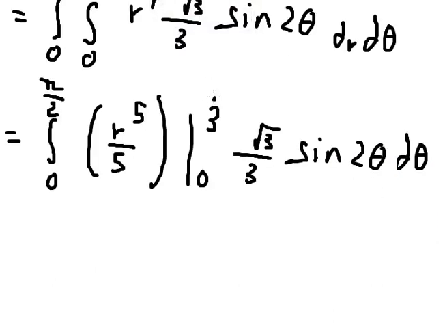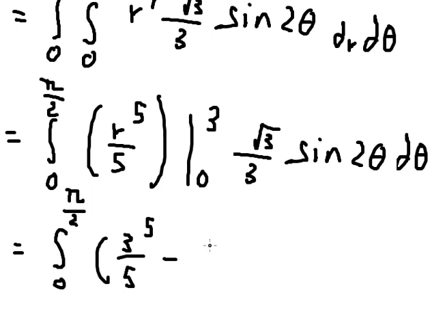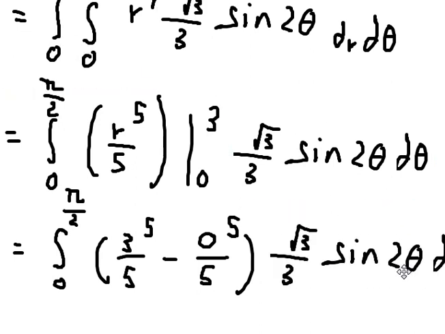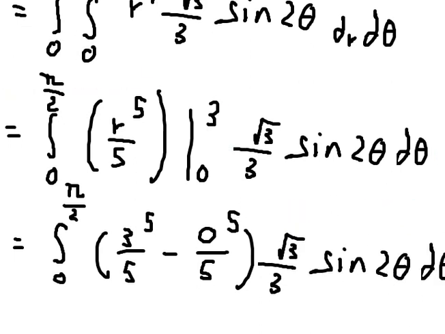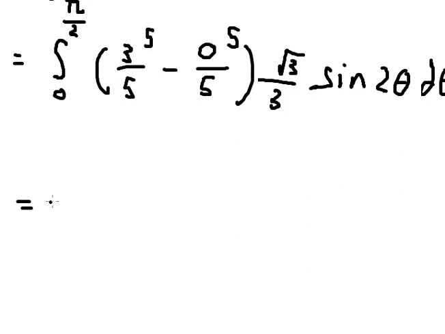So I will put number 3 in here, number 0 in here. So we have 81 with the square root of number 3 over number 5.